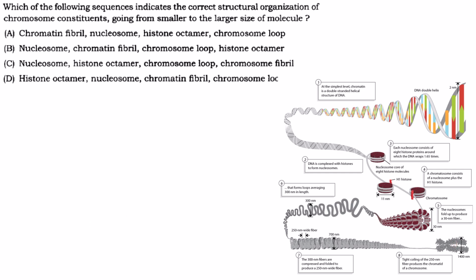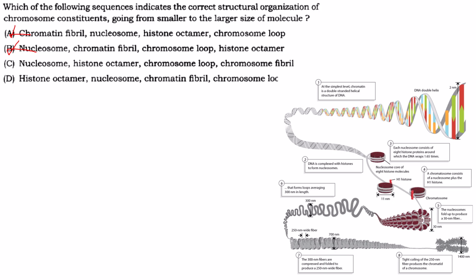Now see the options. So first chromatin fibril, then nucleosome, no, not correct. Histone octamer, no, histone octamer comes before nucleosome, so that is not the answer. Then nucleosome, chromatin fibril, chromosome loop, histone octamer in the end, no, not correct.